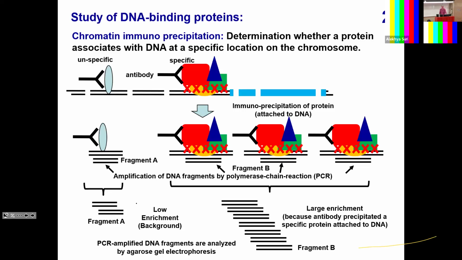So if a protein complex is binding specifically to a DNA fragment, you will see, okay, sorry, once you have a pellet with the protein complex and the DNA still bound, you identify the DNA fragment by polymerase chain reaction, by PCR.